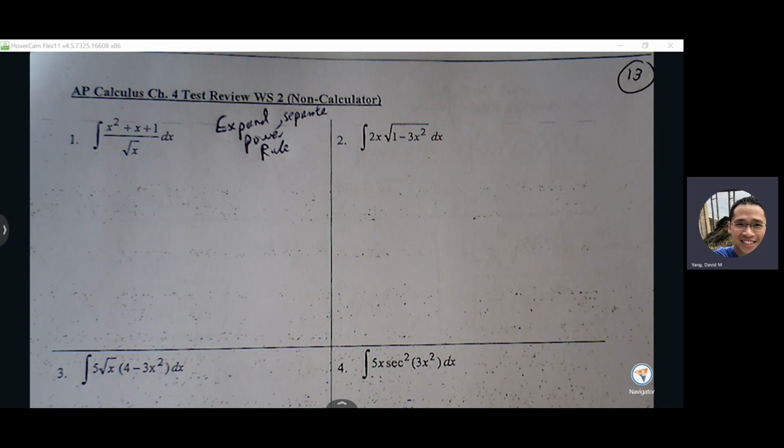This first one here, I can just take my time to expand that x minus 4 squared, distribute the 3 root x through, and then just rely on power rule, right? Everything is nicely separated. This one's a little bit more involved, but the same idea here. I can get the numerator expanded out and then separate with the denominator. So there's no need for U substitution for the first 2 methods.